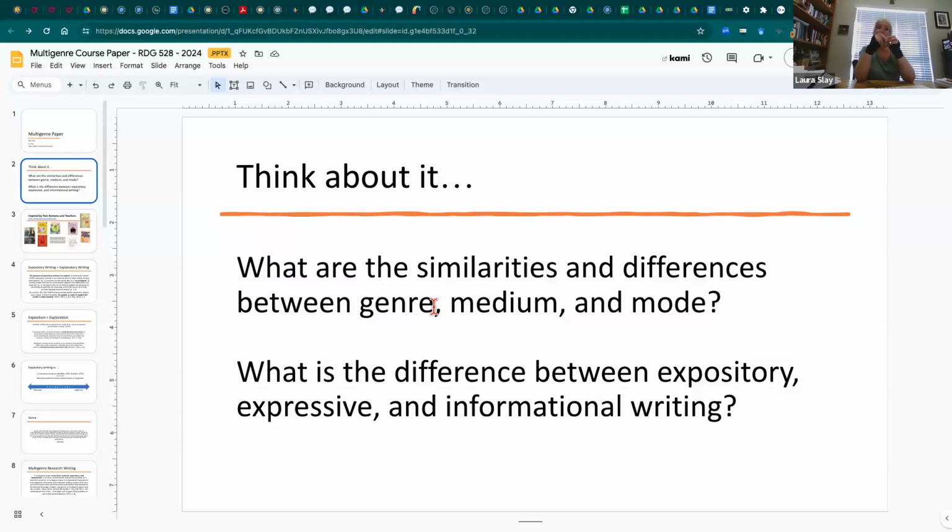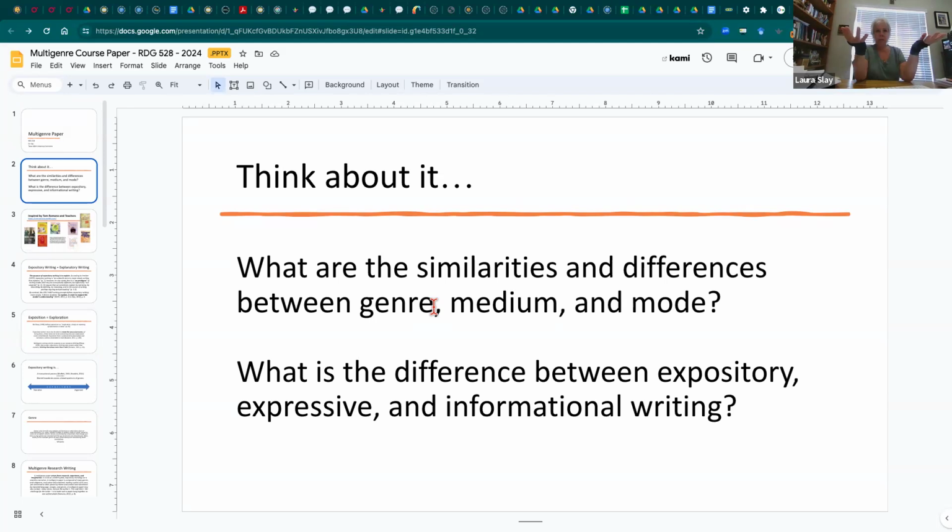Now the medium is blurred again, because a medium could be the blog, where you could put informational, expository, anything. It's what you're posting it on. And the mode is maybe a digital mode, or maybe, well, see, now medium and mode kind of get mixed up. I'm going to have to look up those terms again, but there is a blurred relationship between these different styles and ways of portraying information.